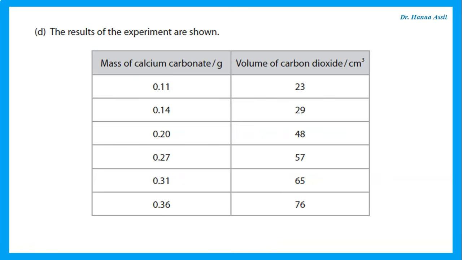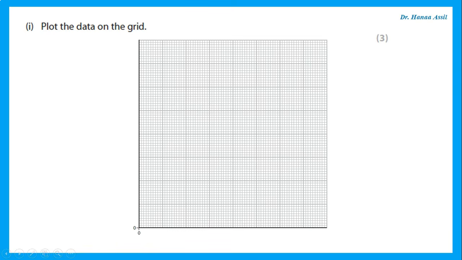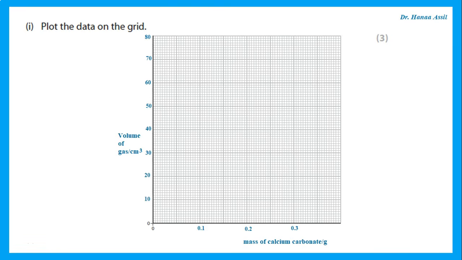Then we have the results of the experiments in a table, mass of calcium carbonate versus volume of carbon dioxide produced, and then we need to draw a graph. Again, to draw a graph, the first thing we do is label the axes. So the mass is on the x-axis, the volume of gas produced is on the y-axis.